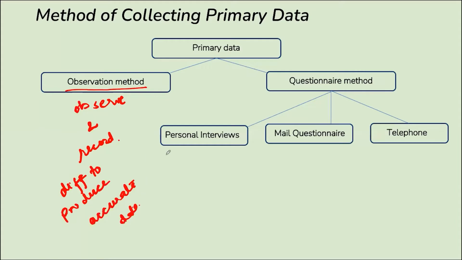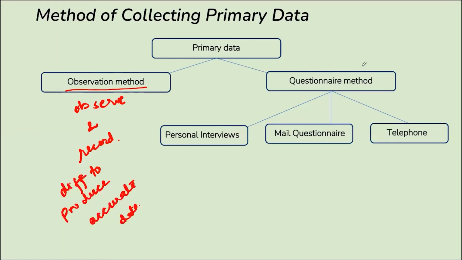Because there are physical difficulties on the part of the observer which may result in errors. Because of these limitations, the questionnaire method is widely used. The observation method is also very time consuming. So the second method is the questionnaire method.